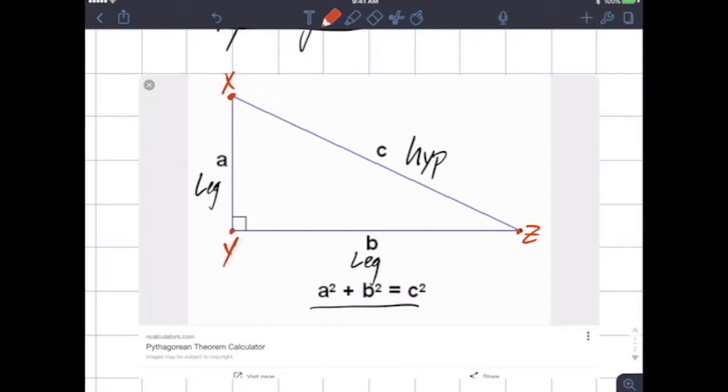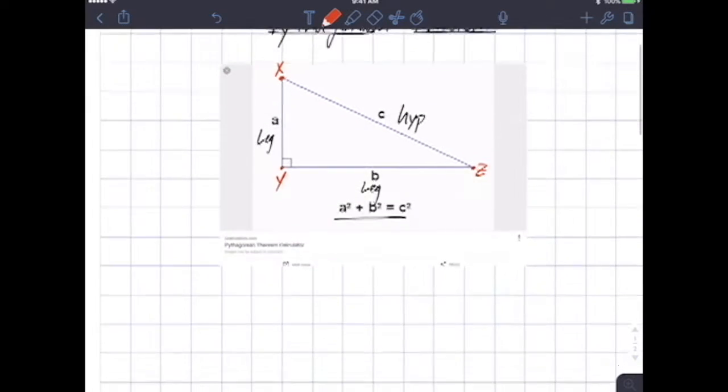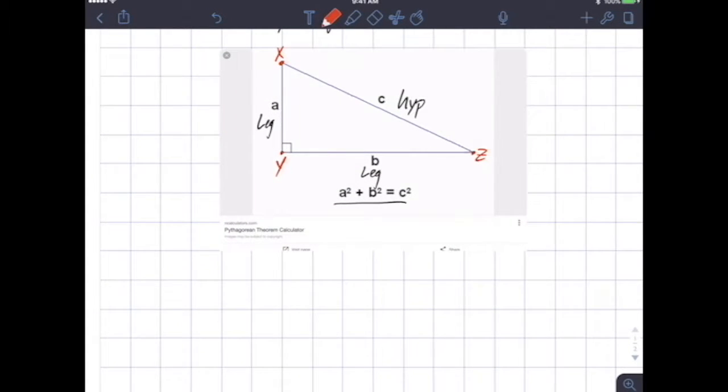Again, that's line segment XY, and then line YZ, and then the hypotenuse is XZ. Okay? So what we're going to do is we are going to find the sides of the hypotenuse. Okay, so I'm just going to put in some random numbers, okay?